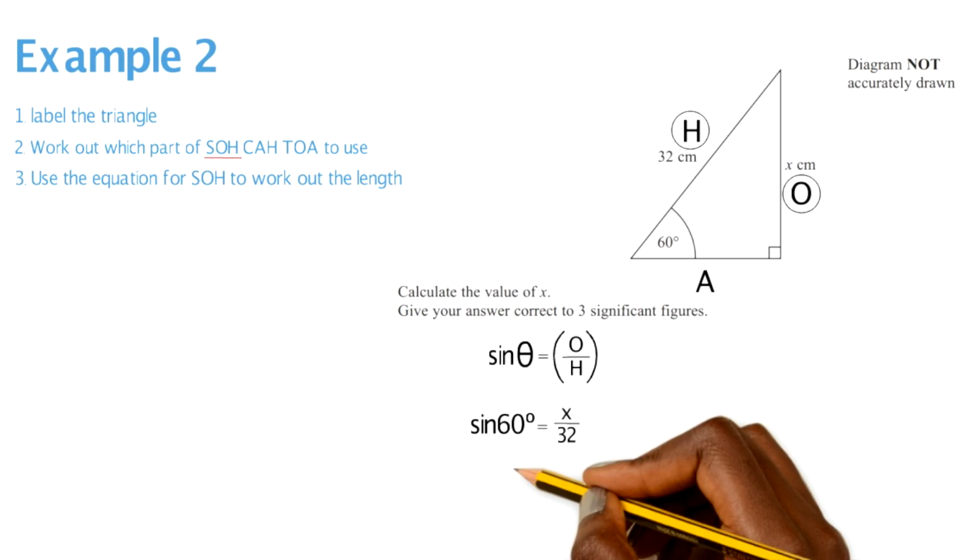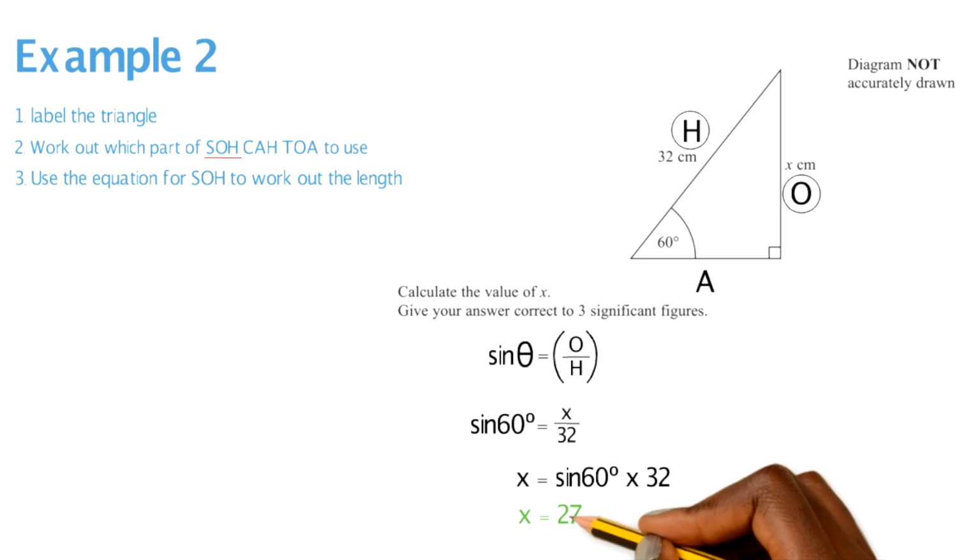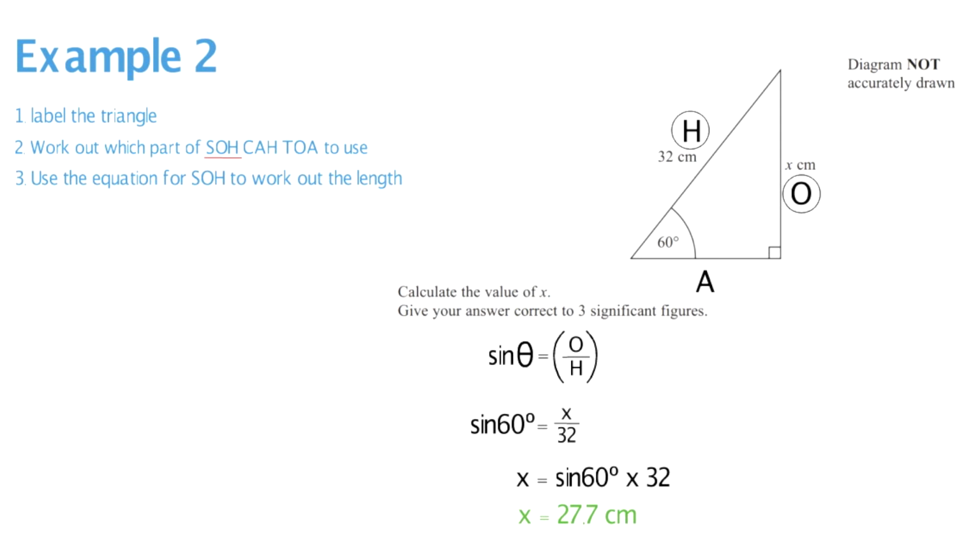So now we're going to have to rearrange this formula to make x the subject, which ends up as sine 60 times 32, which would leave you with 27.7 centimeters. Okay, so the key thing here is that sometimes you may have to rearrange the formula using your general algebra knowledge.